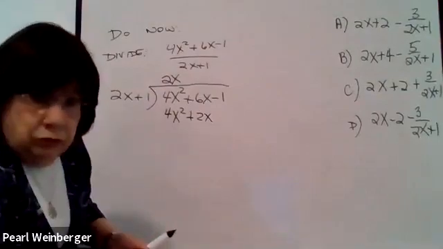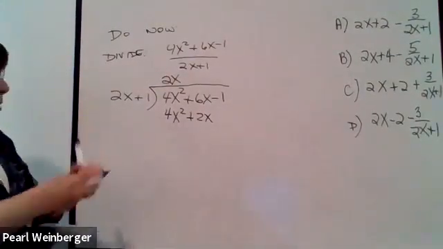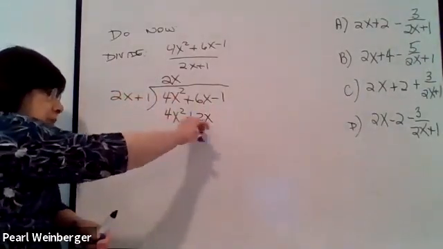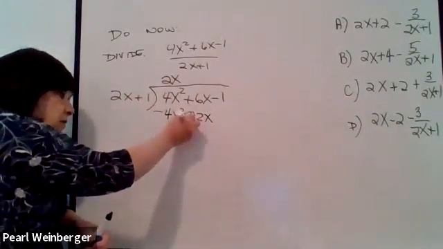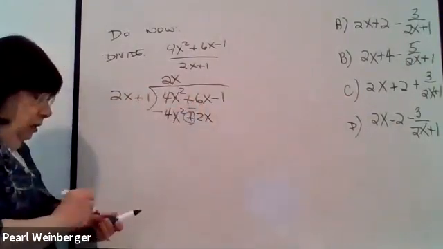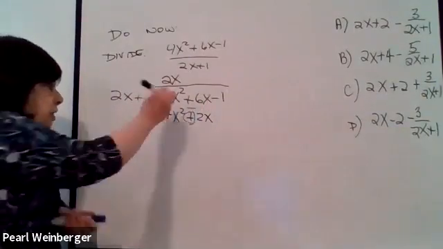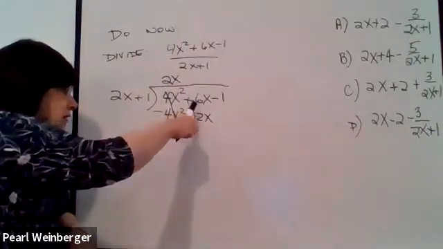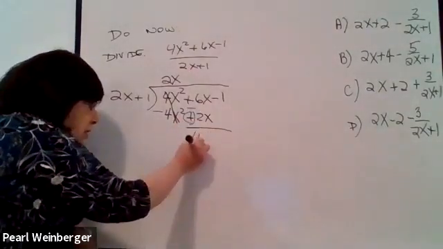Now I'm up to subtraction. Since I want to subtract this 4x squared plus 2x, I'm going to change the signs. This is going to become a negative. This is going to become a negative. And I'm going to be left with 4x squared minus 4x squared, which cancels out, and 6x minus 2x, which is 4x.